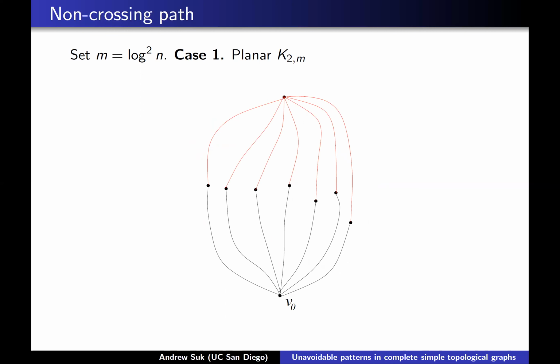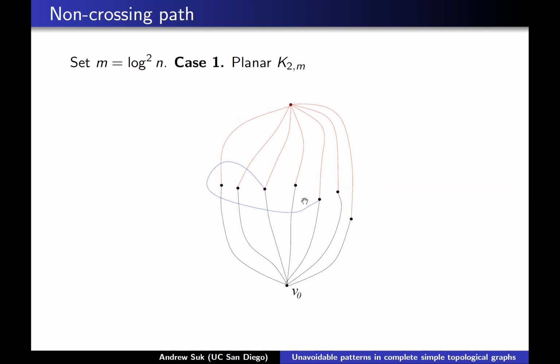Once you have a planar K_{2,m} in a complete simple topological graph, you establish a lot of structure in it. Because now if you look at these m vertices, the topological graph induced on them is almost x-monotone. It's actually what's called cylindrical x-monotone.